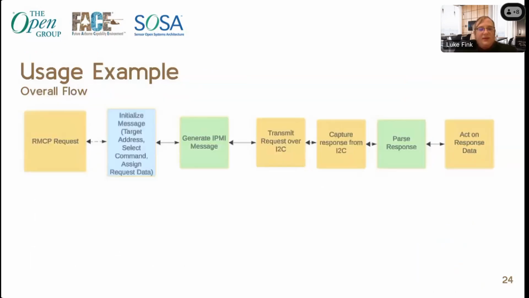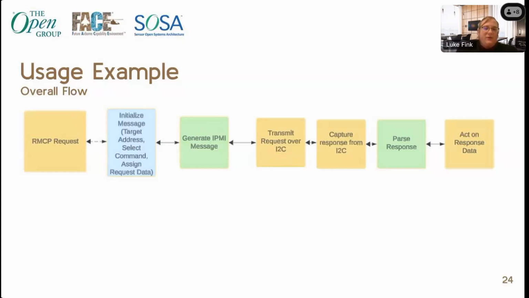So this is just an illustrative example of how an RMCP request would be handled. Again, this is IPMI over LAN. Everything in yellow is something that is not handled by the software library itself, and green is handled.